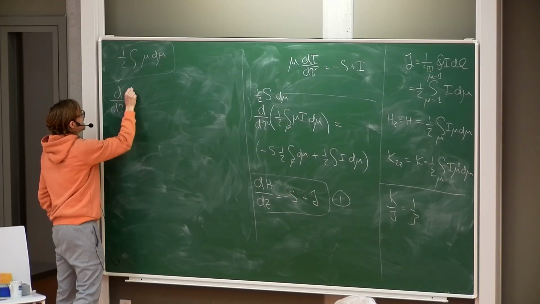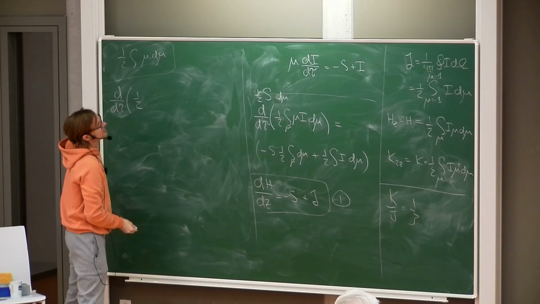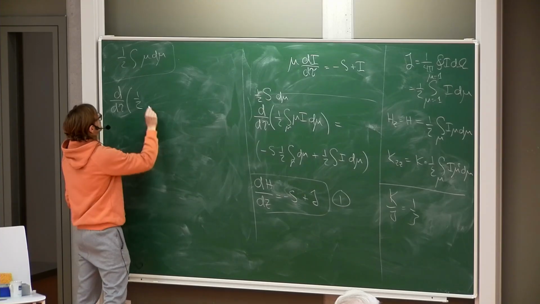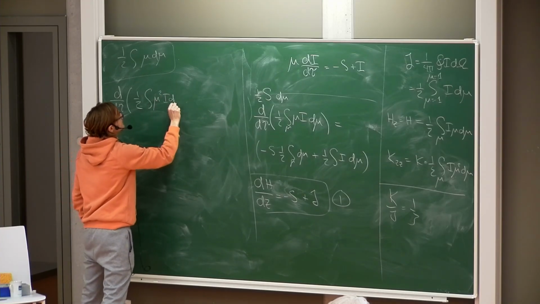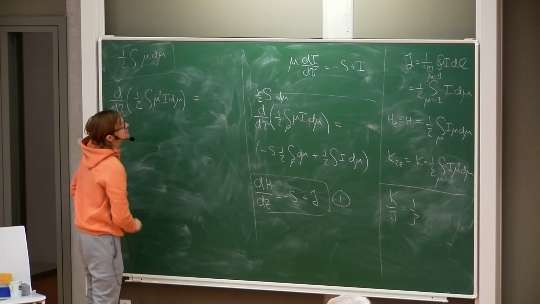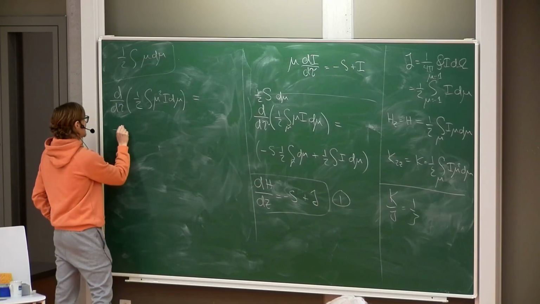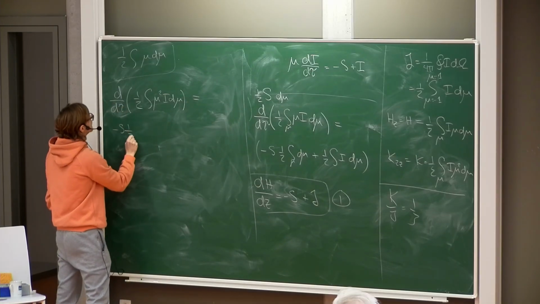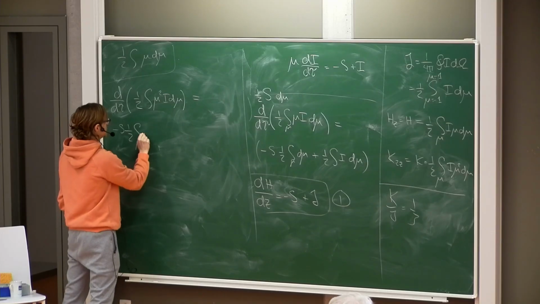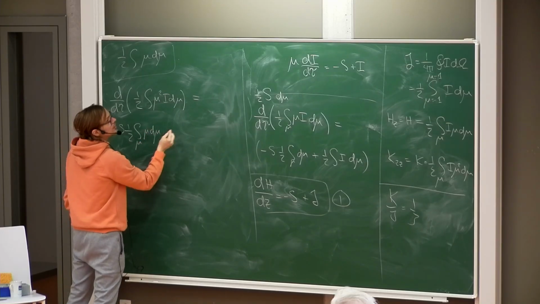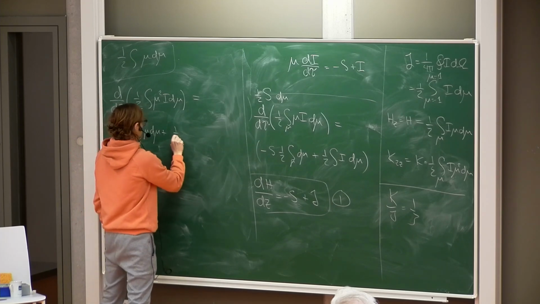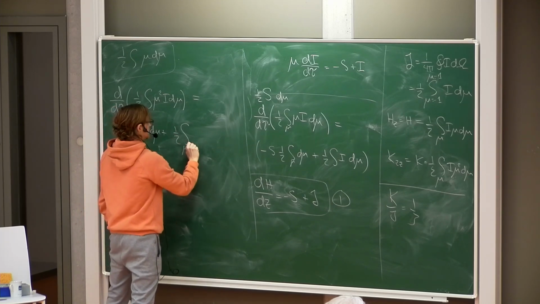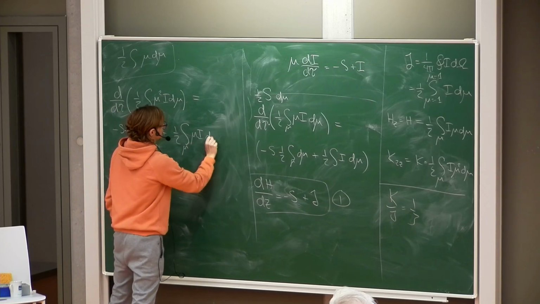Then we get d tau, 1/2, then we have 2 mu's, I d mu equals, on the other side, we're going to have S still isotropic, right, over mu d mu, plus 1/2 mu, then we had 1 mu and 1 mu.